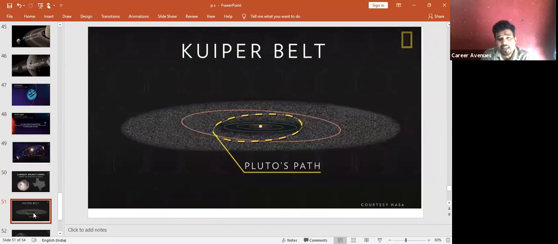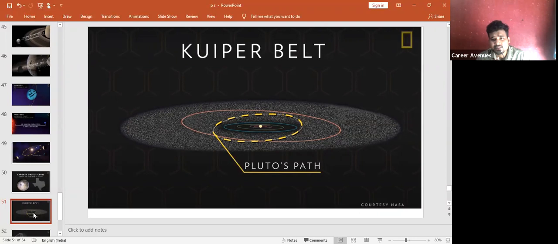Then we have the Kuiper belt. Pluto is a part of the Kuiper belt, and the entire Kuiper belt is formed of millions of comets. Now what are comets, what are asteroids, and how are they differentiated? Comets are made up of dust and ice, while asteroids are made up of planetesimals, which are rocks.